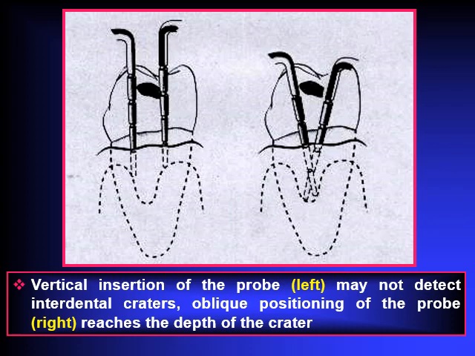So vertical insertion of the probe may not detect the crater, but when you insert the probe in an oblique position, it will reach the depth of the crater, and this will give you information about the bone topography interdentally.